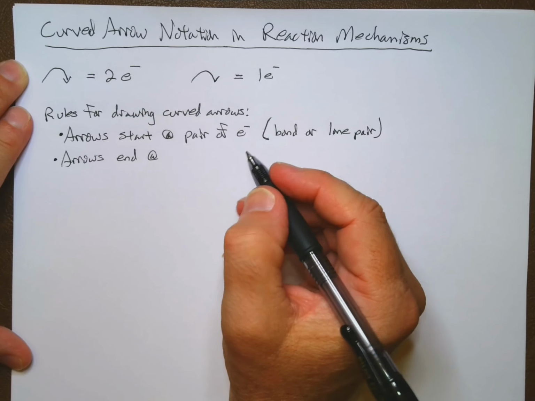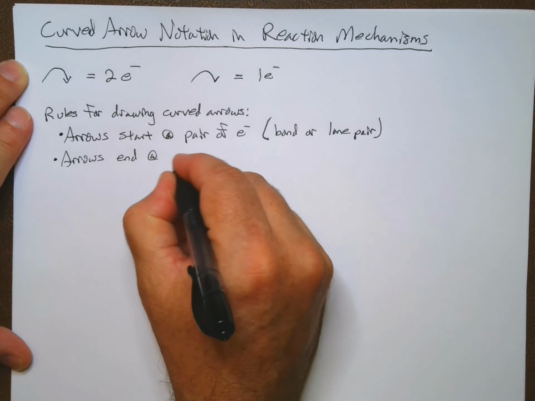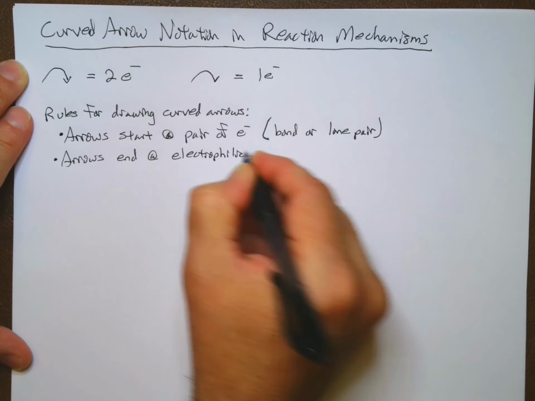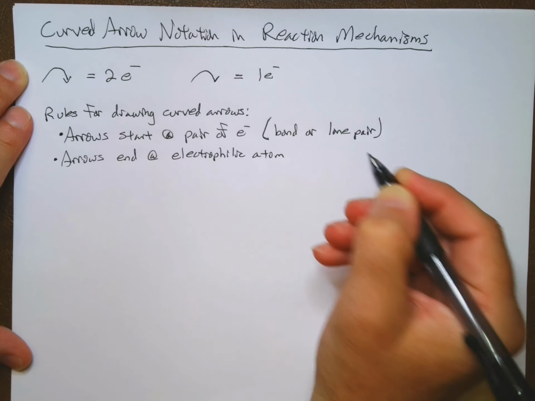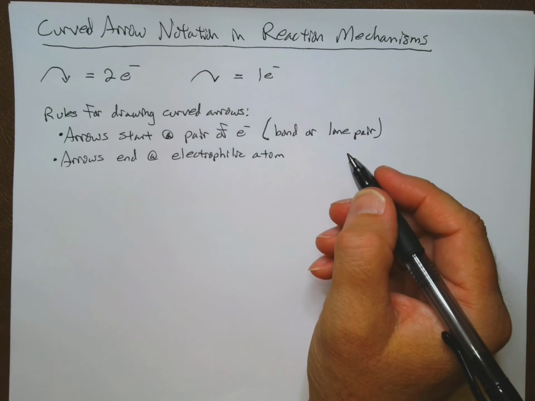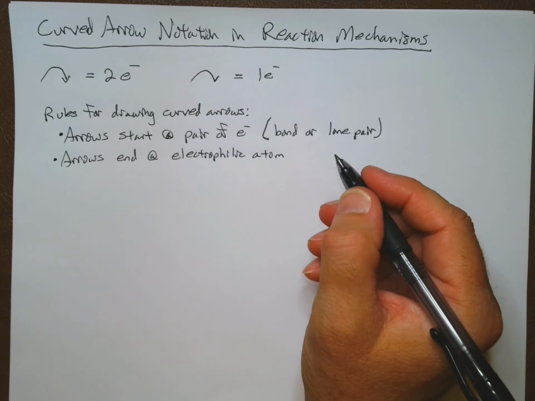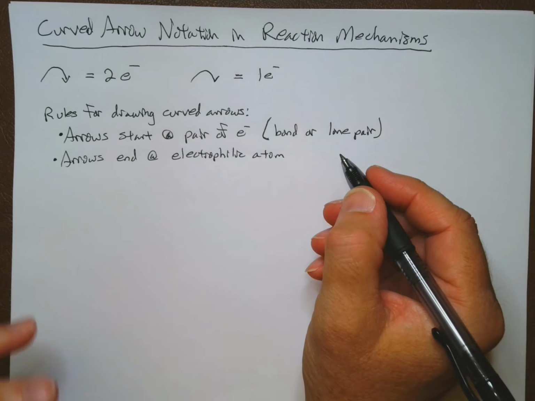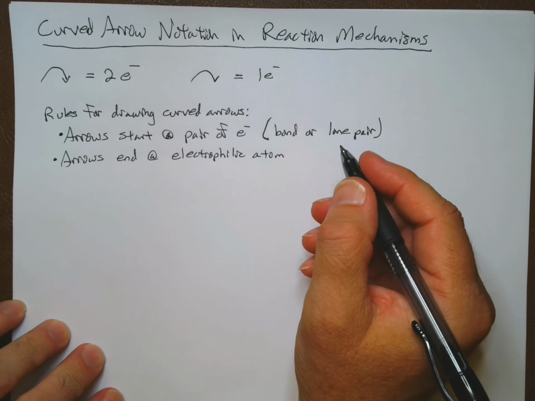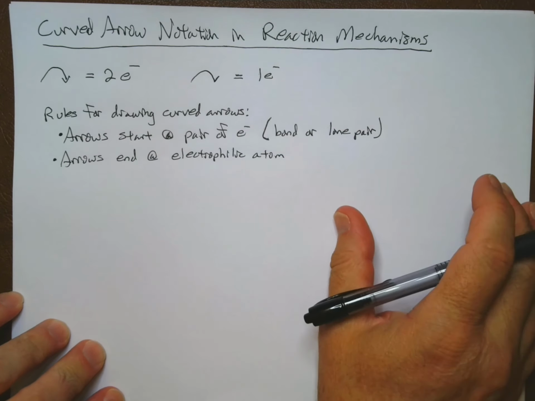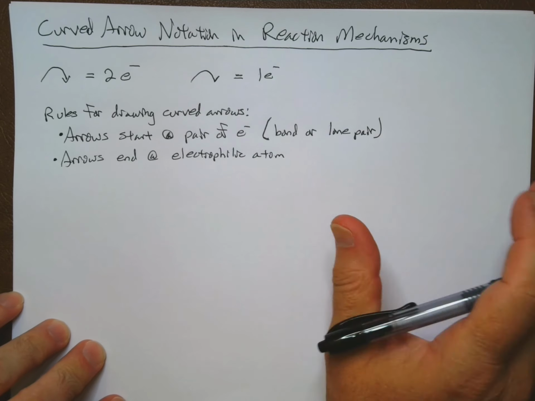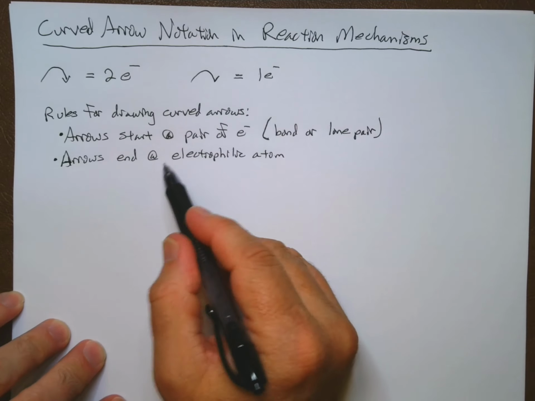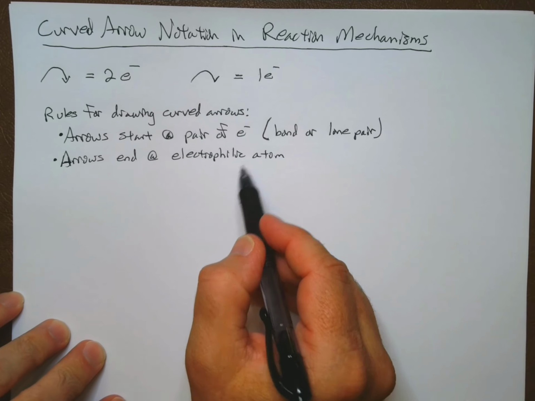So arrows end at, I'm going to call it, an electrophilic nucleus, or electrophilic atom. Sometimes when you're drawing mechanisms, you can end the arrow at a bond, just like you did with resonance structures. But for the most part, you're going to have an arrow ending eventually at an electrophilic atom.